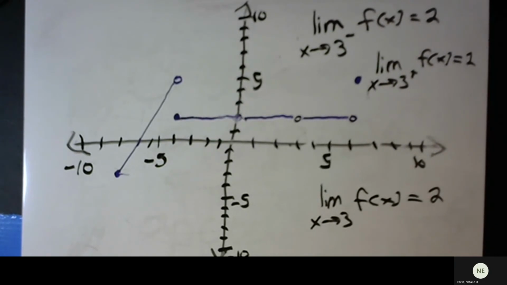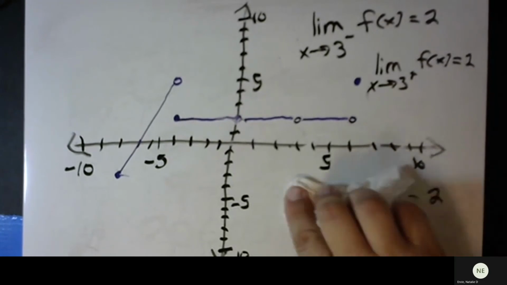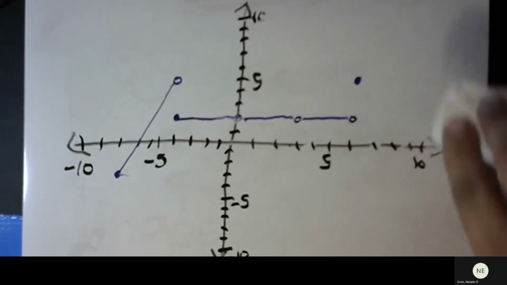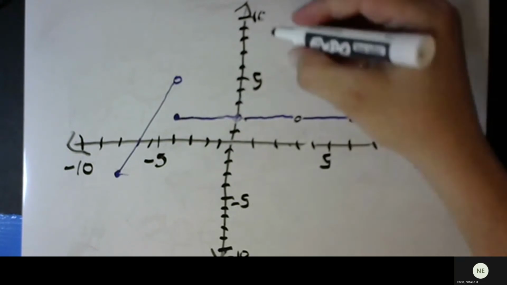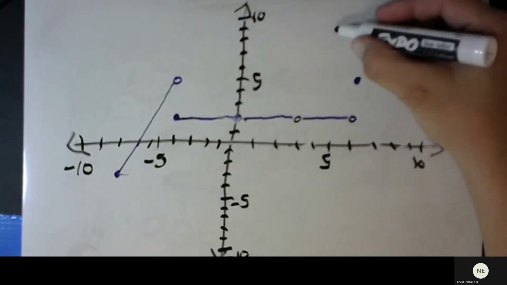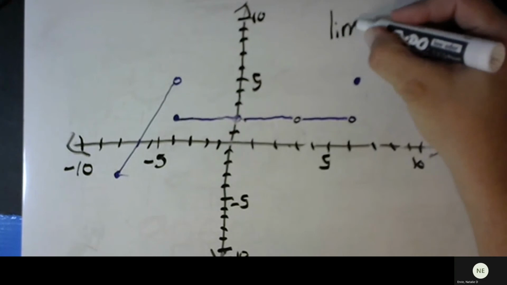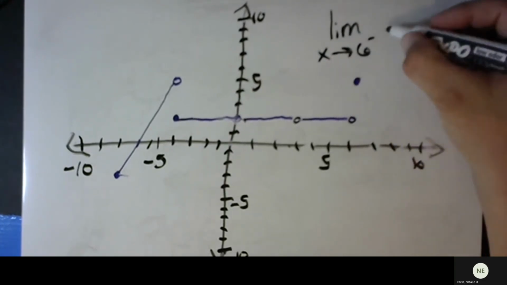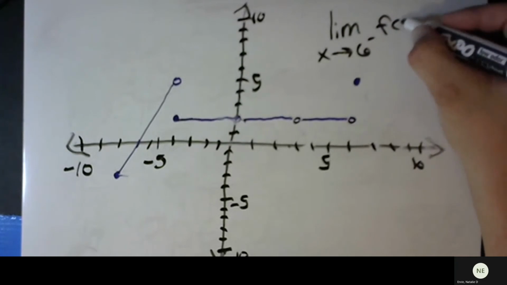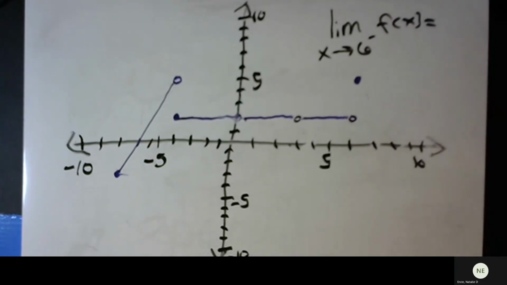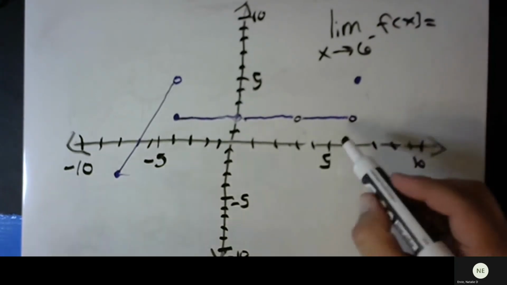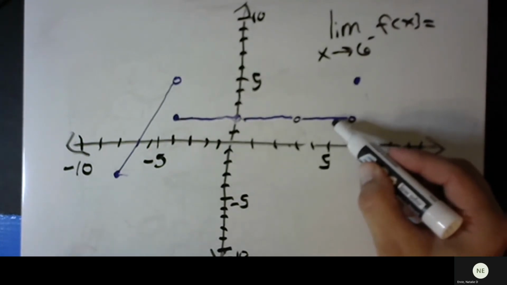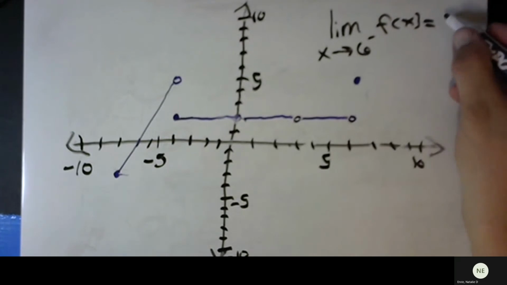Now, the last one, as x approaches 6 from the left. For this one, when you're just to the left of 6, you're still hovering around f of x equals 2.